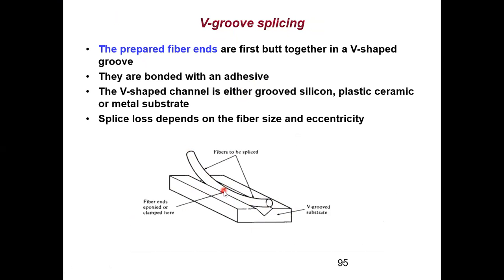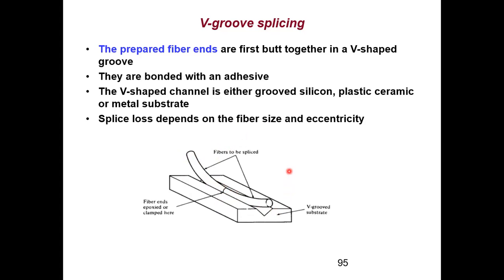Once it is joined, the fiber will lay straight in this particular groove. And from the top, I will put a V groove plate again. So there is a plate on top and a plate below, and inside the groove the fiber is present. And I have again used the epoxy resin.